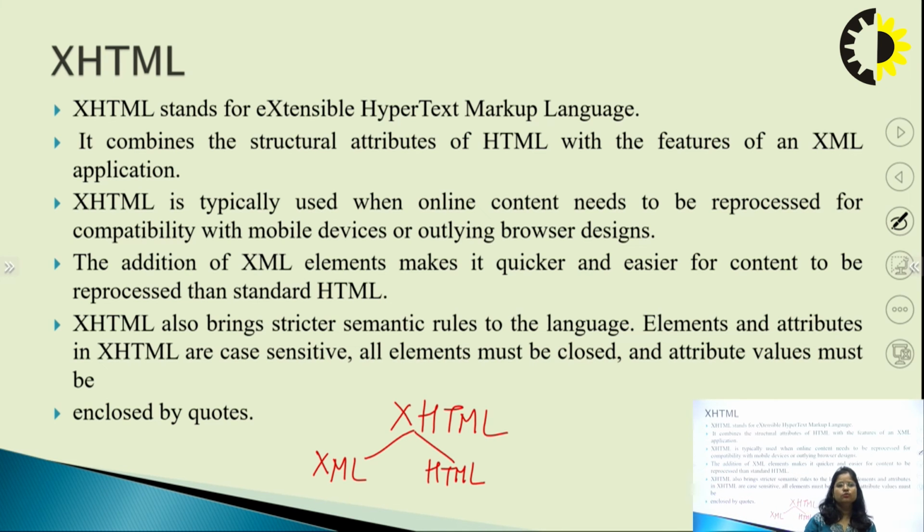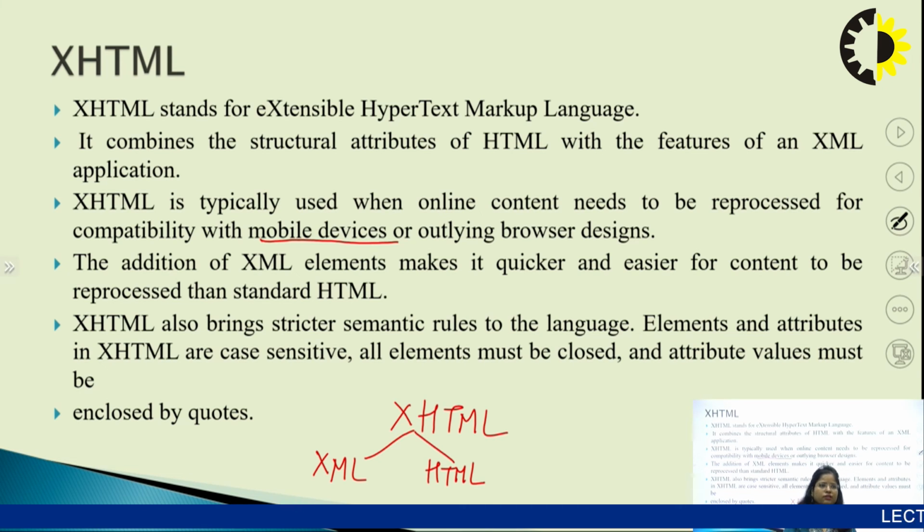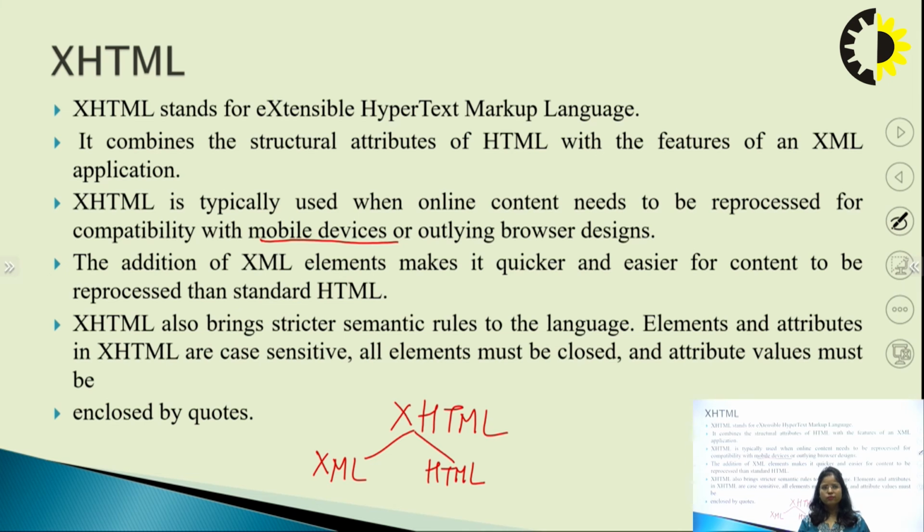XHTML is typically used when online content needs to be reprocessed for compatibility with mobile devices or outlying browser design. The addition of XML elements makes it quicker and easier for content to be reprocessed than standard HTML. So, whenever you have to design web pages for mobile devices, you can use XHTML.